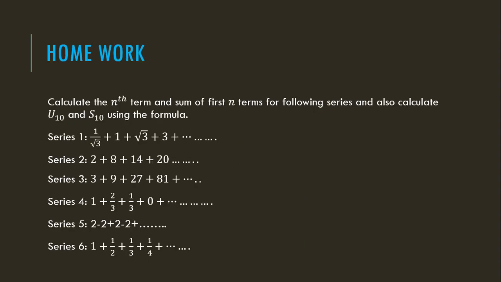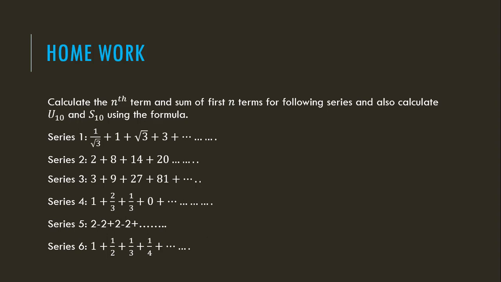Now you have some homework to do about these kinds of problems. You have to calculate the nth term and the sum of the first n terms for the following series, and also calculate u10 and s10, the 10th term and the sum of the first 10 terms, using the formula you generate for each series. Now your series are like this.